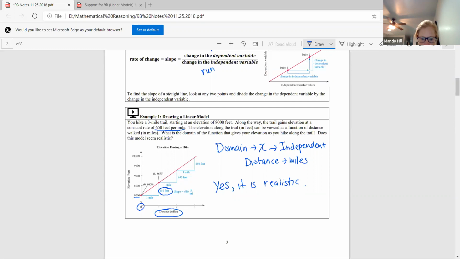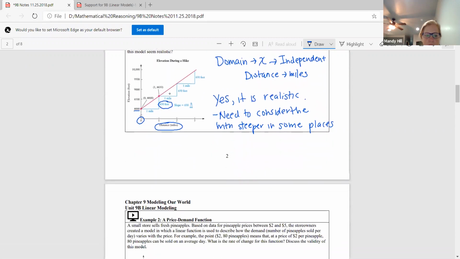So we need to consider that. If you graphed it, it probably wouldn't make a perfectly straight line, but it is realistic to think you could go up 650 feet per mile.